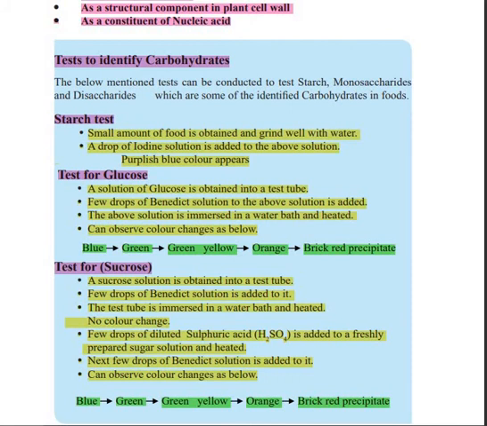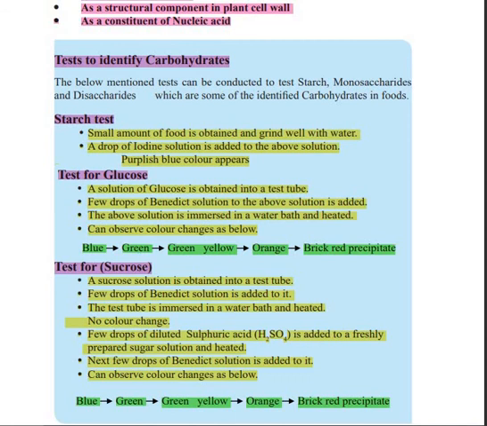A drop of iodine solution is added to it, and it turns purplish blue, so we can say that the food contains starch. This is known as the starch test.